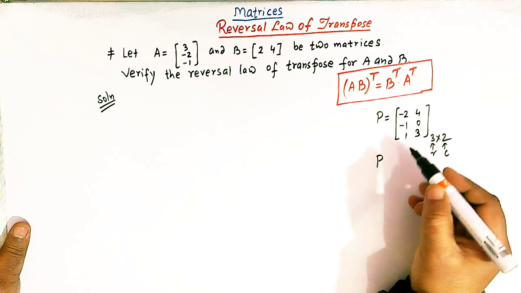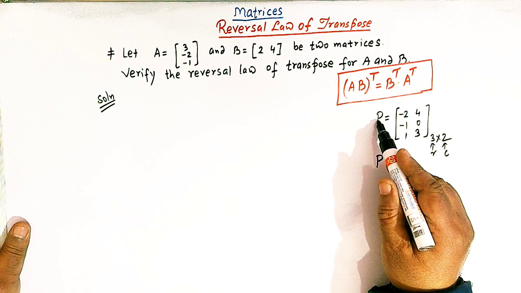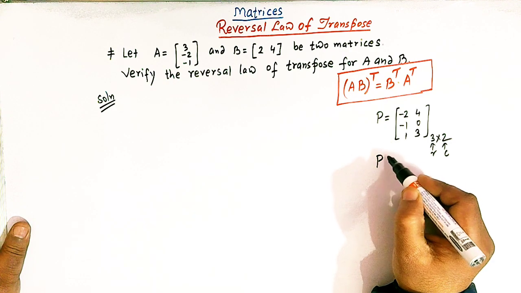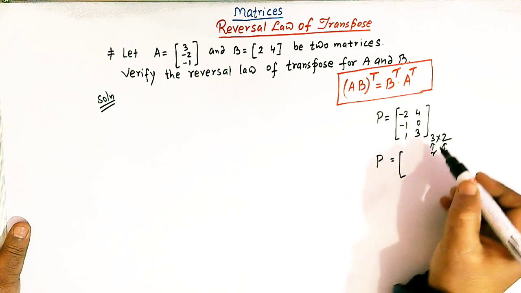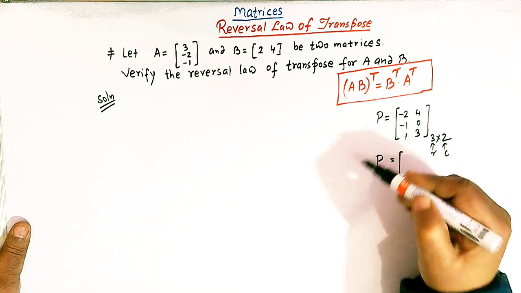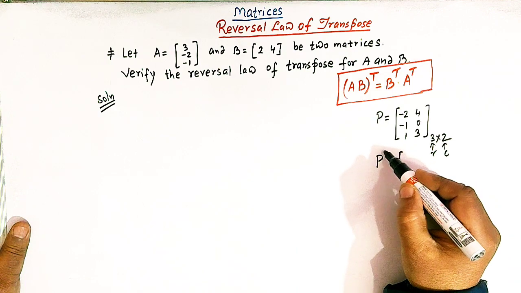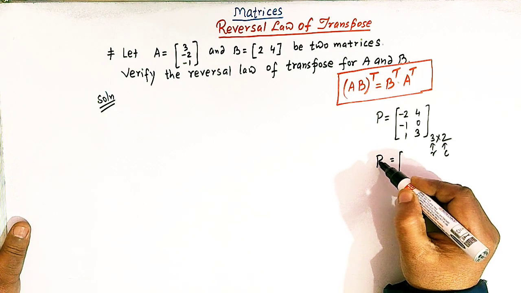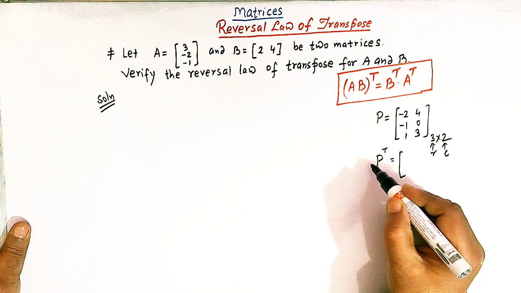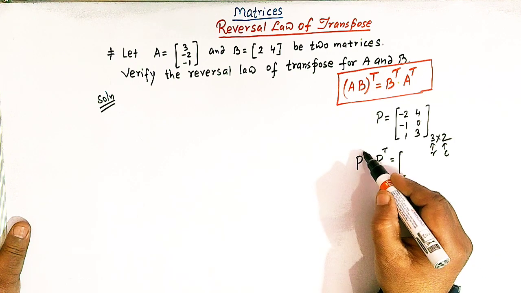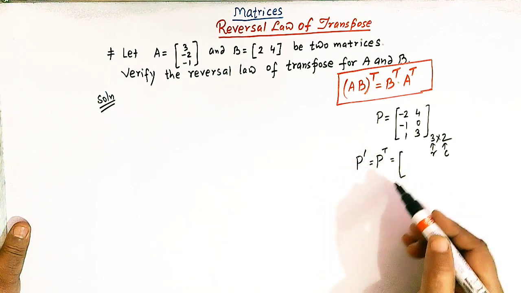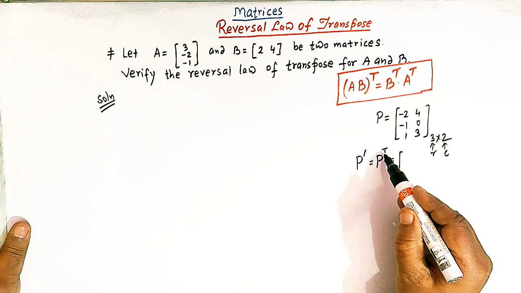Now the transpose of this matrix P is defined by interchanging the rows into columns and columns into rows. The transpose of a matrix is denoted by P raised to T, or sometimes we can also write P dash or P prime to denote the transpose matrix.